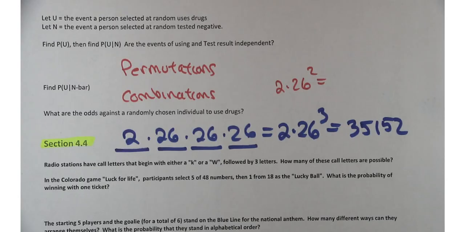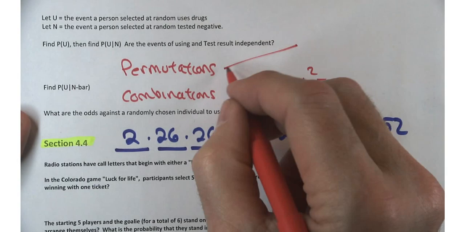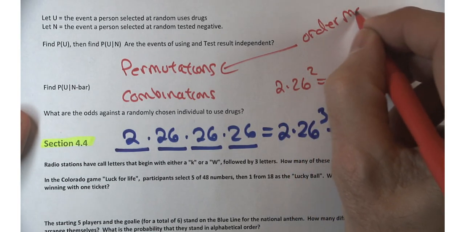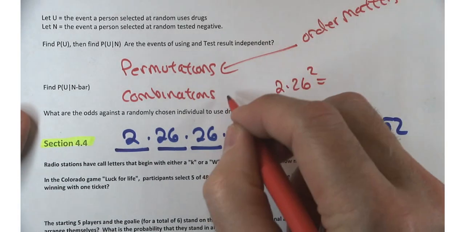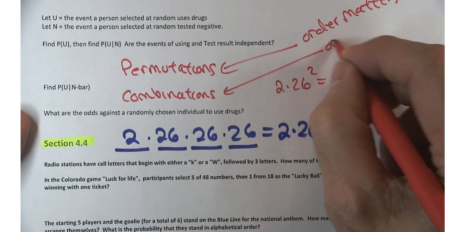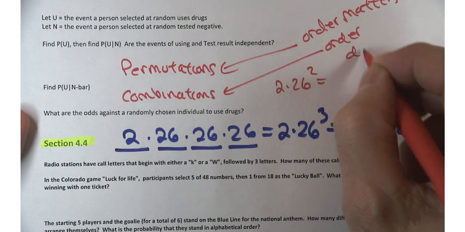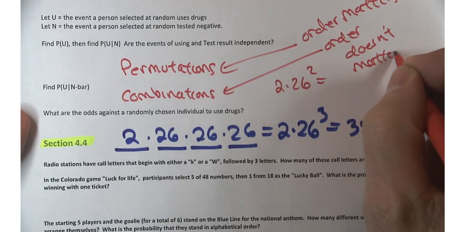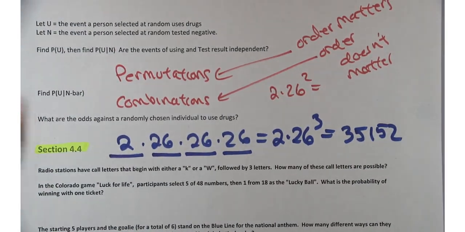One of them has to go in order, and the other one doesn't matter. Permutations is order, combinations is order doesn't matter. Order matters, order doesn't matter.